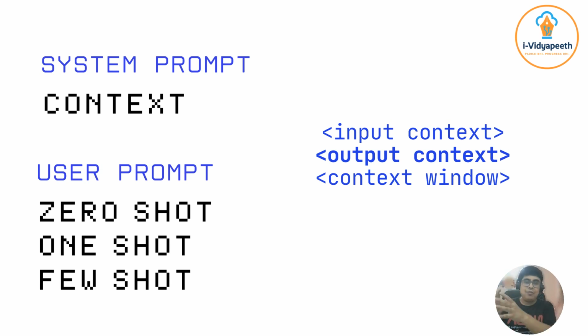Okay. Now, context. So what is context? Whenever we are telling something and giving some information to the machine, that is the context. So the system prompt plays one vital role inside the context because we are setting the context. That is why I have written the word context.